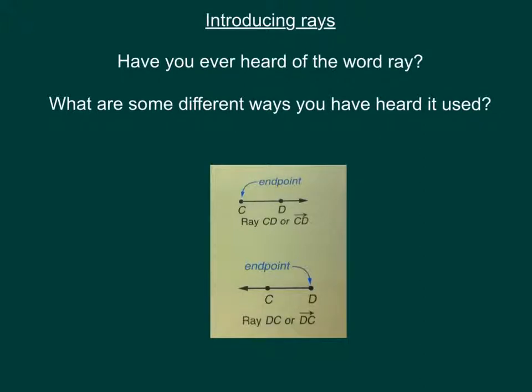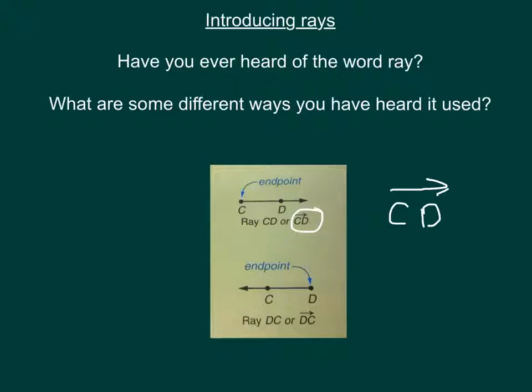Now let's think about how we represent this ray called CD. When you are writing this down, you would write CD with your endpoint always written first. And then you're going to put your arrowhead above it.